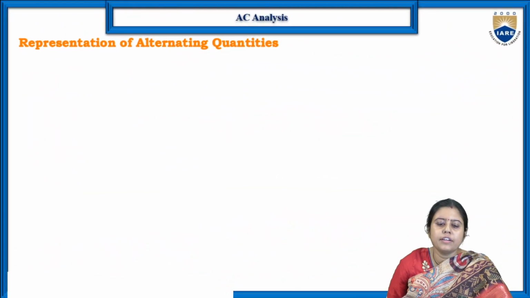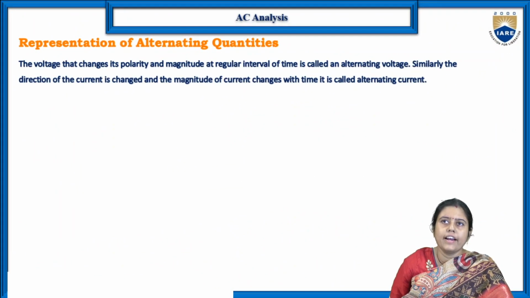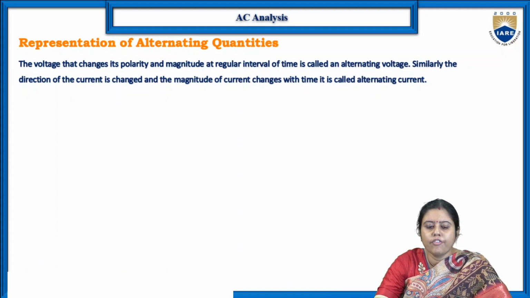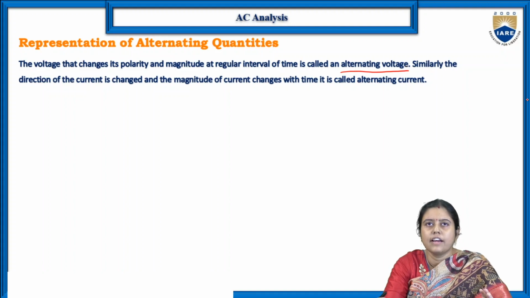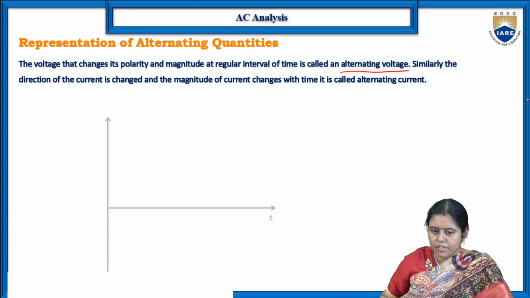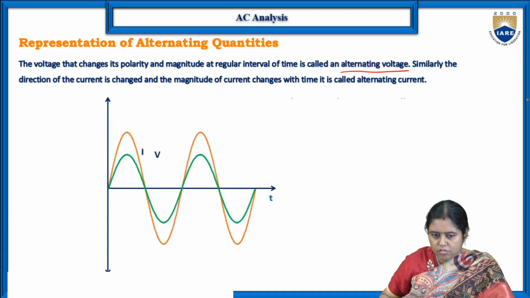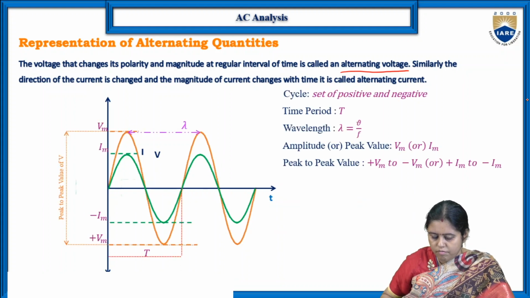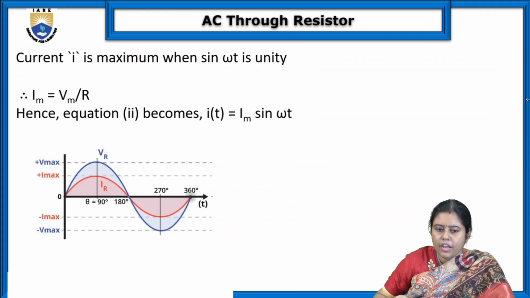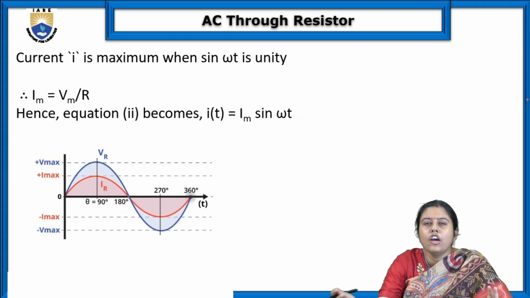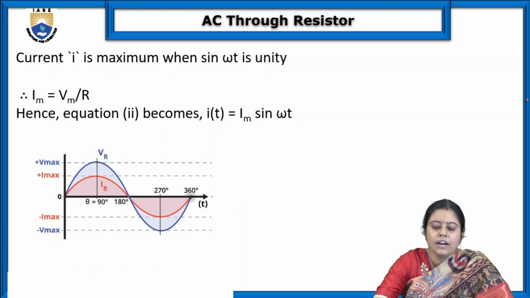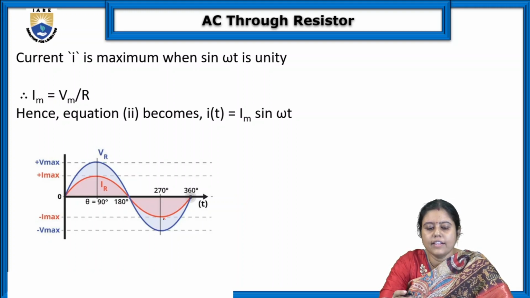As we told, the voltage that changes its polarity and magnitude at regular intervals of time is called the alternating voltage. So as we discussed earlier, the AC is changing its polarity continuously from one point to another.